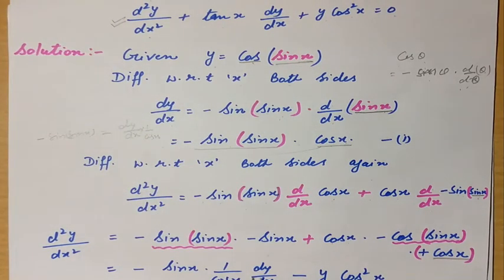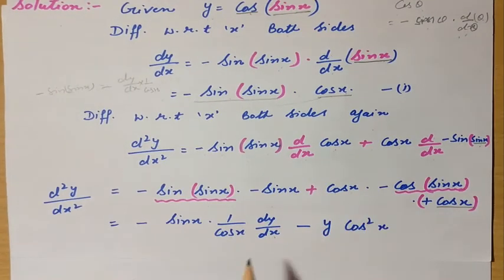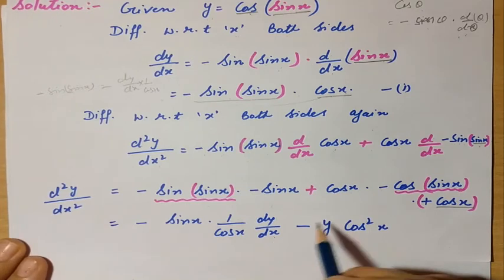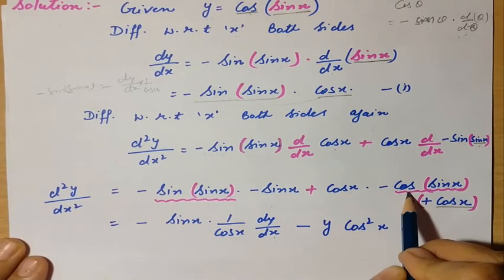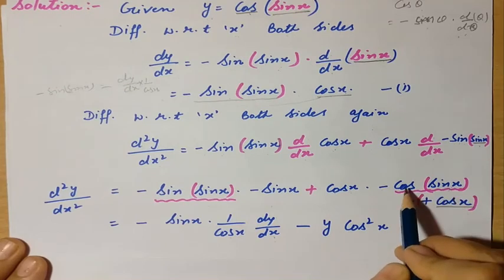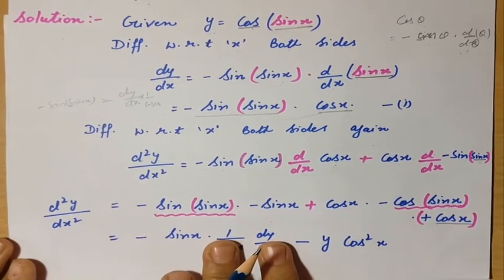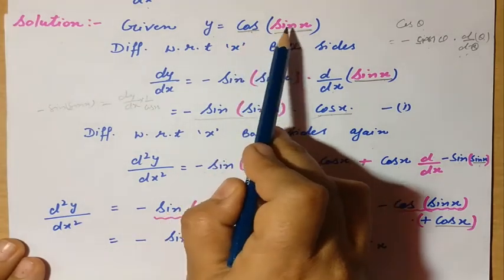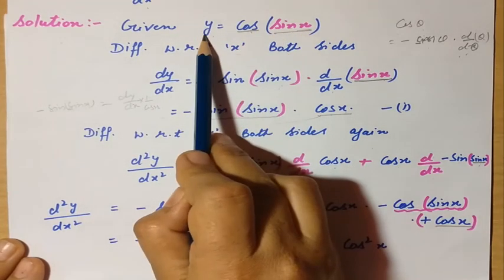We put this value, 1 upon cos x dy upon dx, there. Now, what is the value of minus cos of sin x? Look at the starting position: cos of sin x is equal to y.